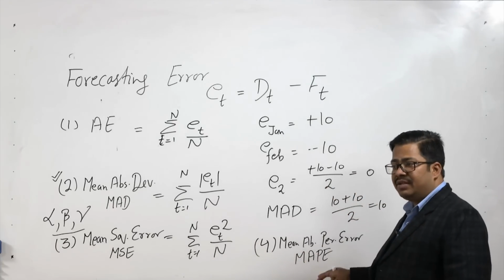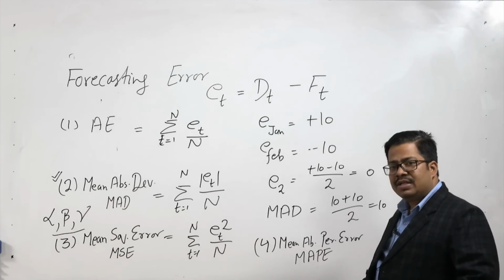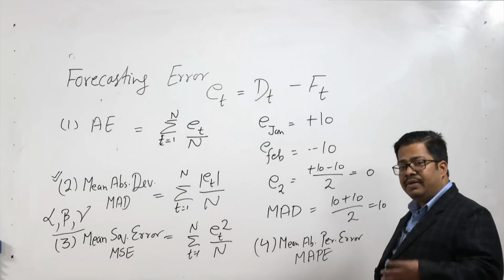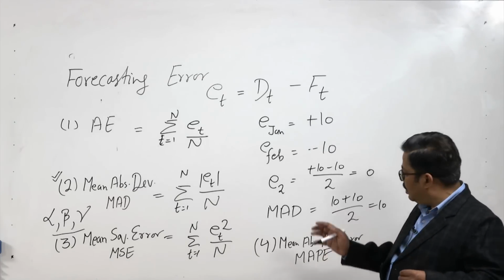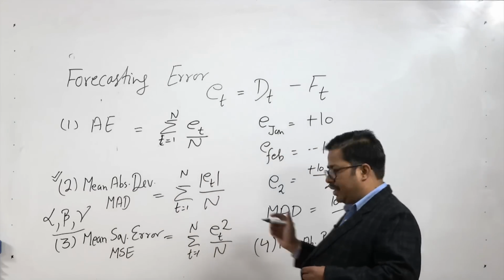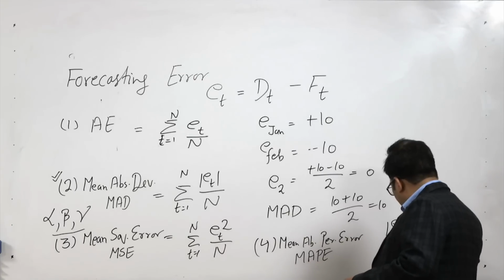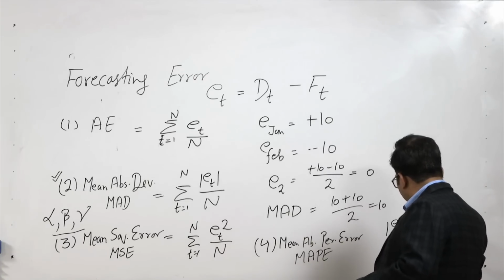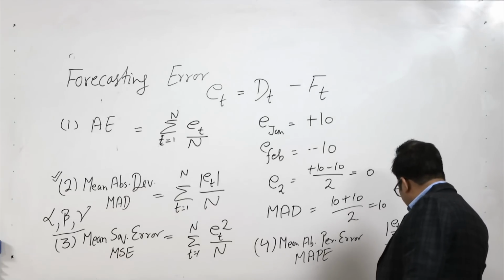Now, mean absolute percentage error is one more additional measure of forecasting error, in which we see how much the forecasting error is as an offset of our actual demand, and that is determined by this method, and then you take the average.